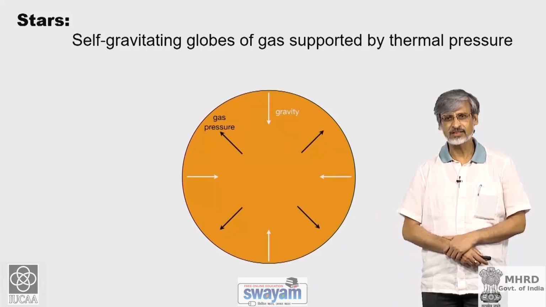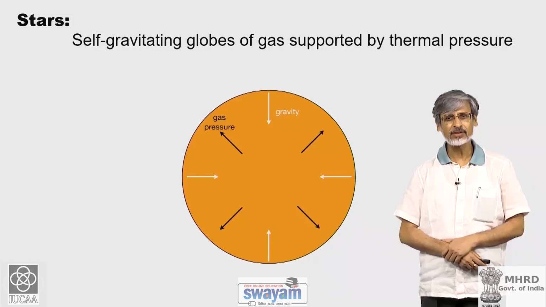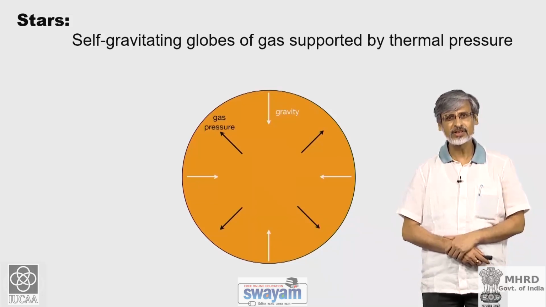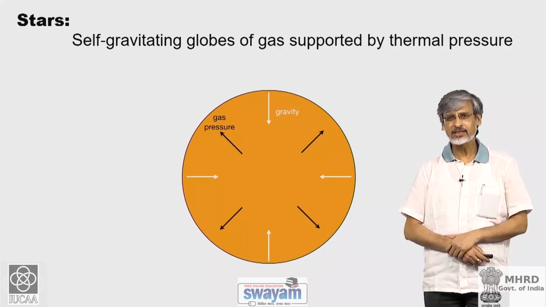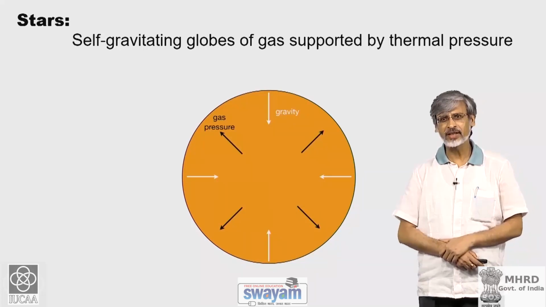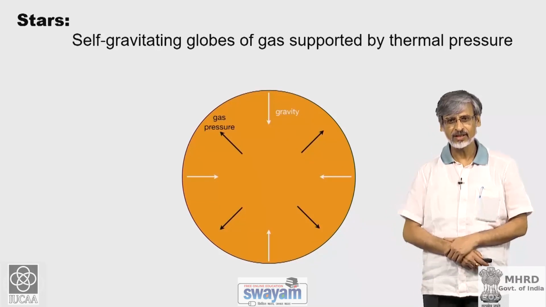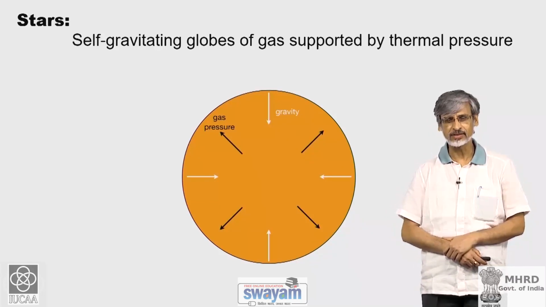Now, we see these stars, right? We see these stars because there is radiation coming from these hot objects towards us. So, where does this radiation come from? It comes from the energy that is contained within the star, and that energy is the thermal energy.